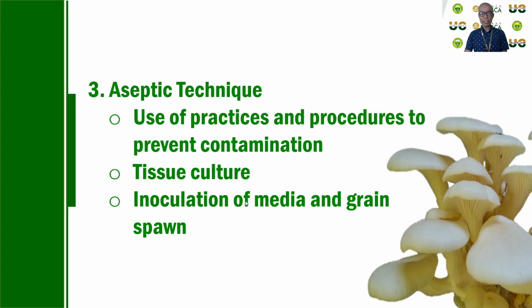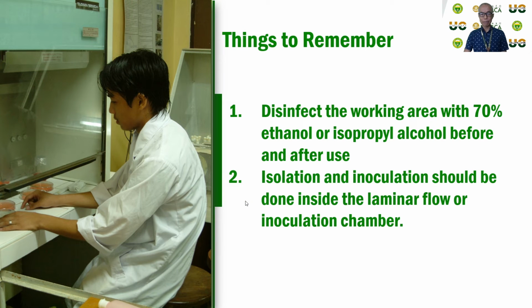Another technique is aseptic technique. Aseptic technique is the use of practices and procedures to prevent contamination. This is usually performed in inoculation of culture media and grain spawn, and tissue culture of mushroom organisms.